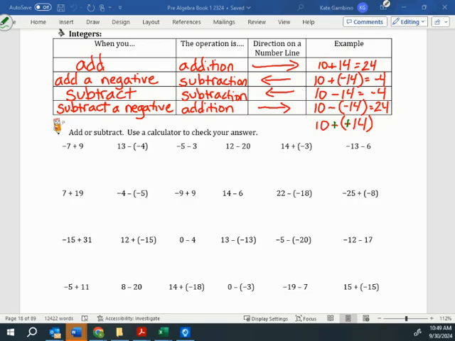So I just changed minus a negative to my addition sign and my positive sign. So that helps me remember, oh, minus a negative, I'm actually adding. So I always just write in, add the positive, so I remember that I'm adding there.